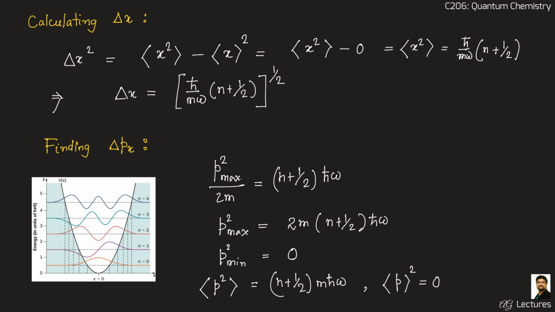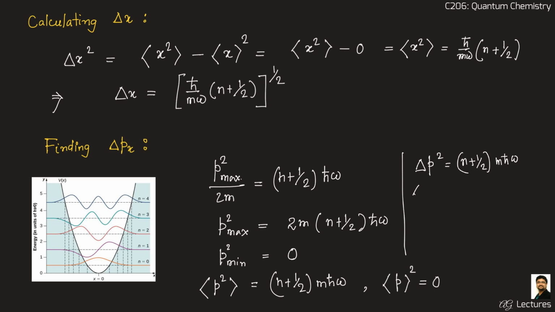Now, if delta p square is just this, then we can take a square root and find out the delta px. So let's combine everything together. Let me write it down here, just for the sake of completeness, that we get delta p square equal to n plus half m h cross omega.